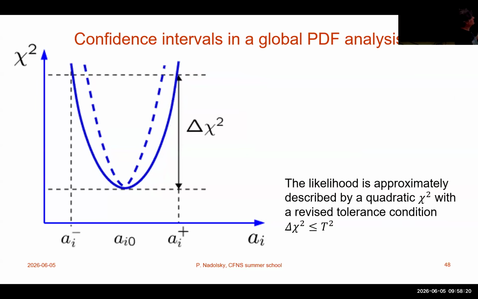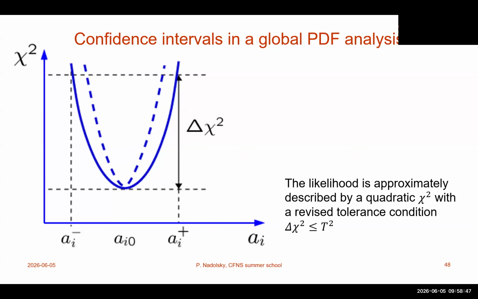So you need to decide on the width of this parabola. And so then you can come up with a so-called tolerance criterion, which says that my 68% probability is contained not in the interval delta chi-squared equal 1, but delta chi-squared equal to t squared, where t squared is larger than 1. So this is a simple prescription, which is called the global tolerance prescription.